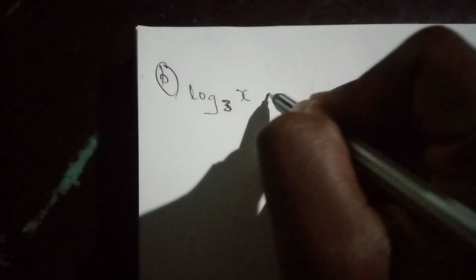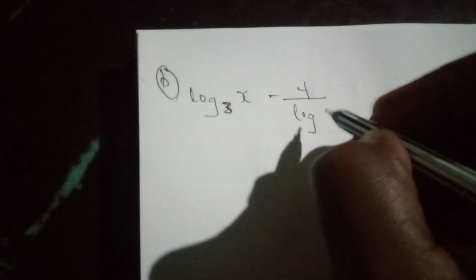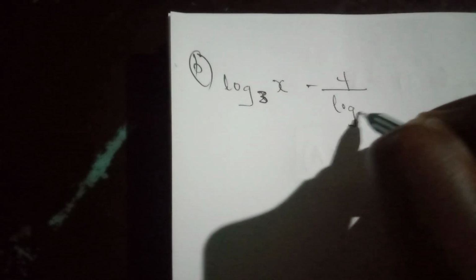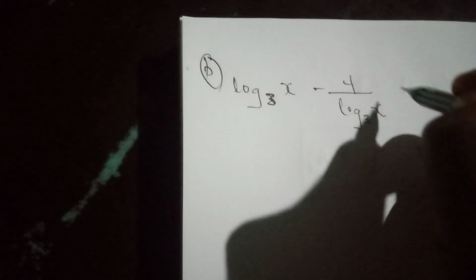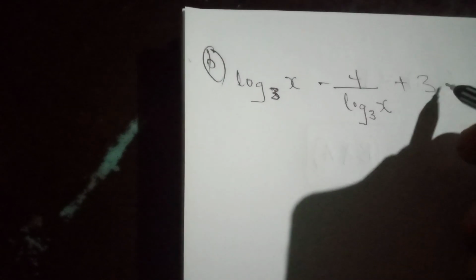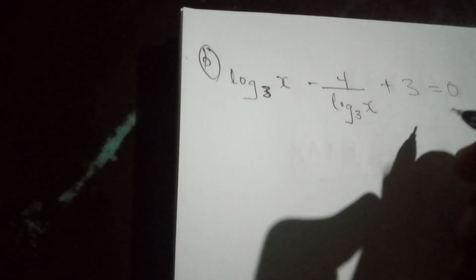So b is log base 3 of x minus 4 over log base 3 of x plus 3 is equals to 0.